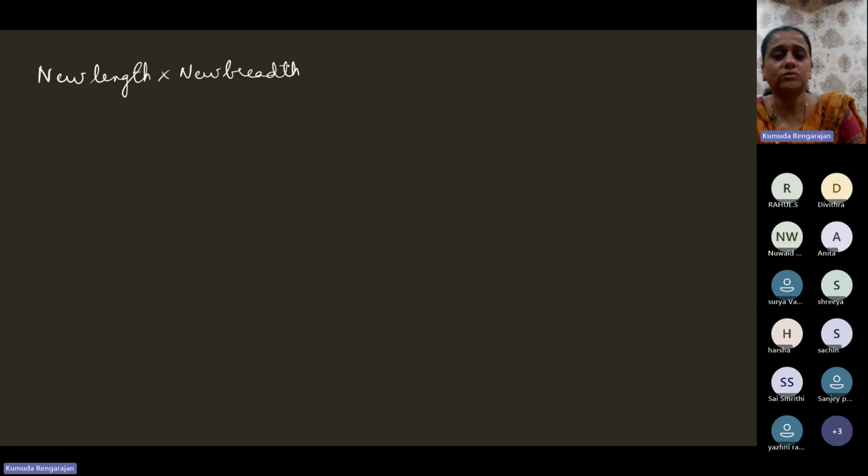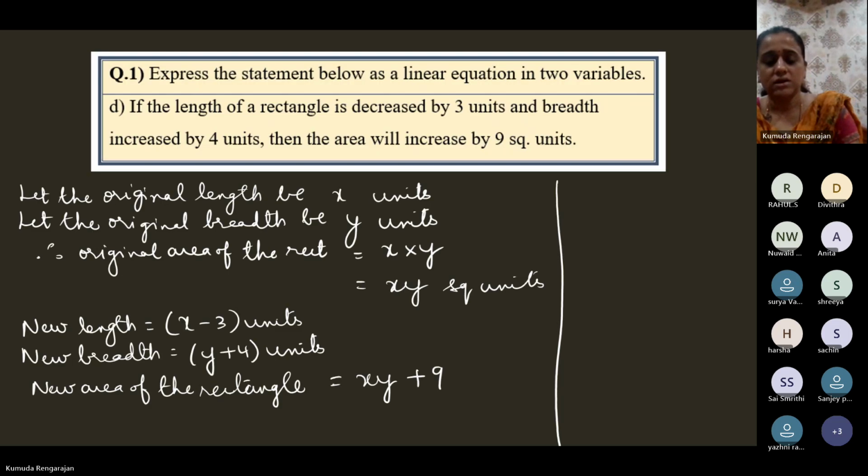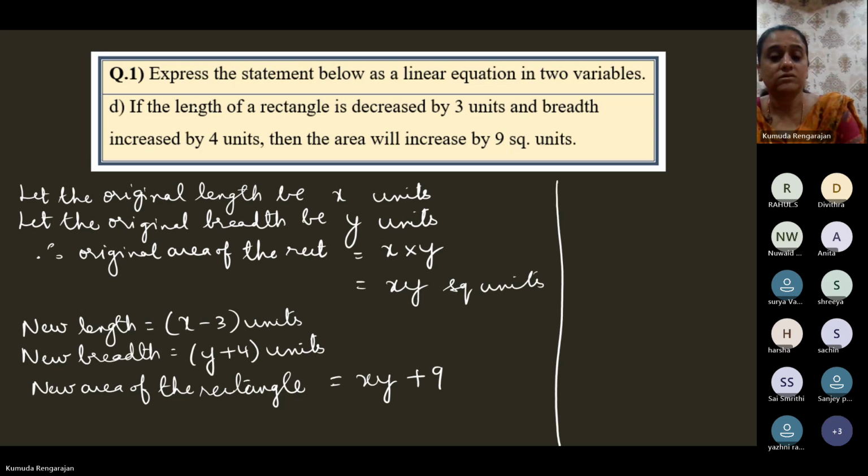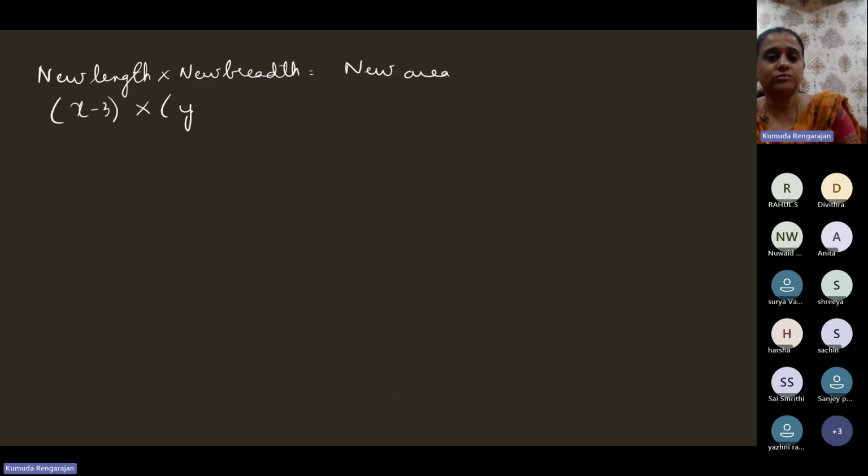So new length into new breadth is equal to the new area. What's the new length? X minus 3. What's the new breadth? Y plus 4. What's the new area? XY plus 9.